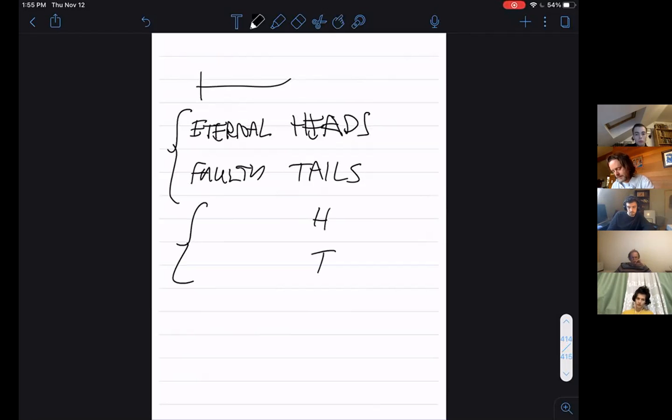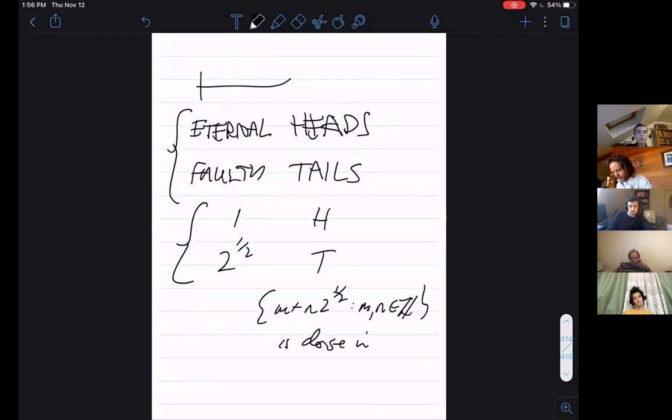Well, imagine it lasted either 1 hour or root 2 hours. This is done in order to have a non-lattice situation, because you see m plus n root 2 is dense in the real line, okay?